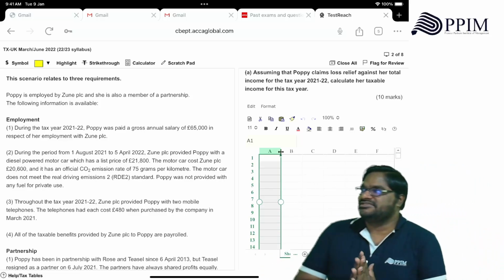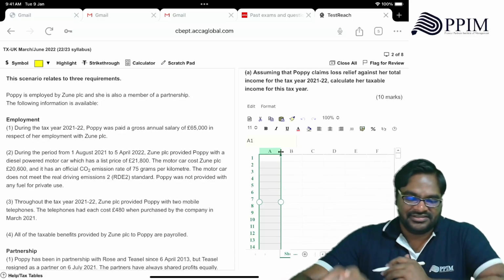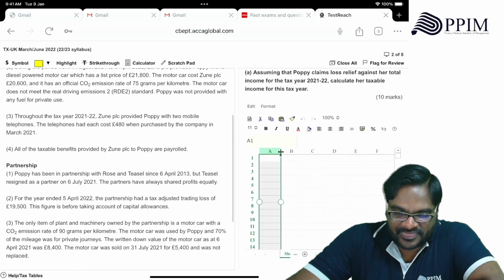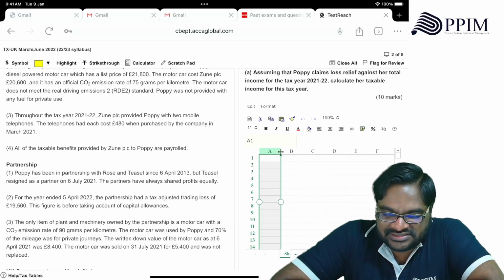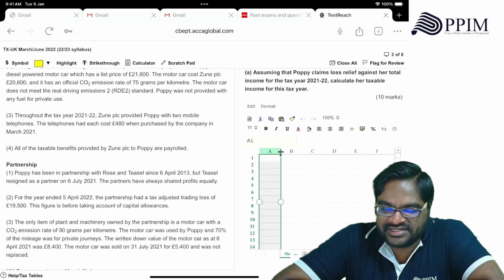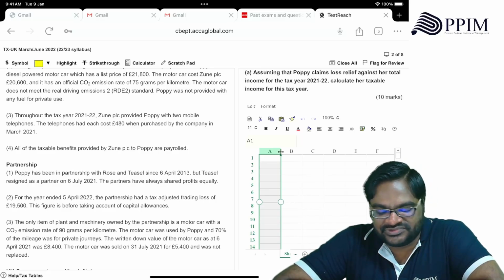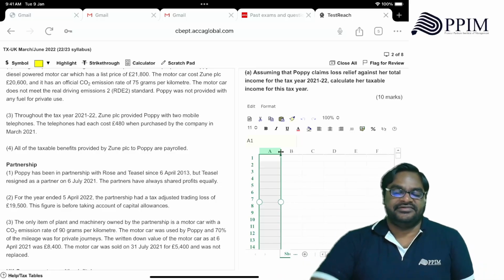Or we are all good? Right. Then the next one. Throughout the tax year, Zune provided Poppy with 2 mobile phones. The phones had each cost 480 when purchased by the company. Okay, throughout the year, 2 phones have been given.